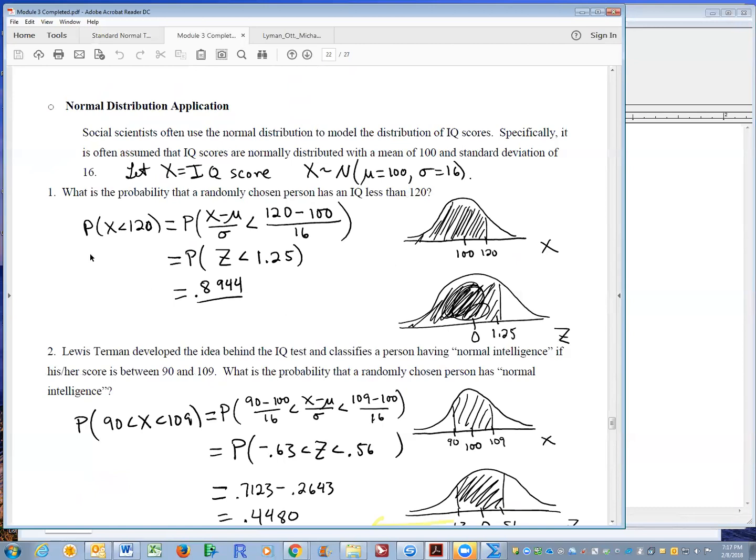So to find any probability about that distribution, we have to standardize it and then use table 1 from the book. Here, the 120 has been standardized. We get 1.25. The area under the curve to the left of 120 on the distribution of X is the same as the area under the curve to the left of 1.25 on the distribution of Z. And we use the table to get 0.8944.